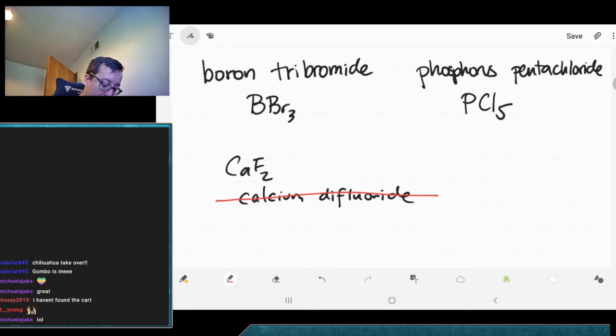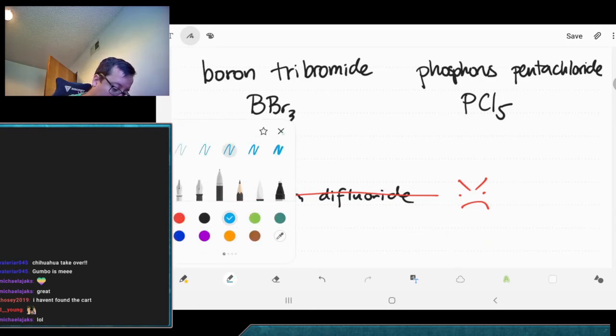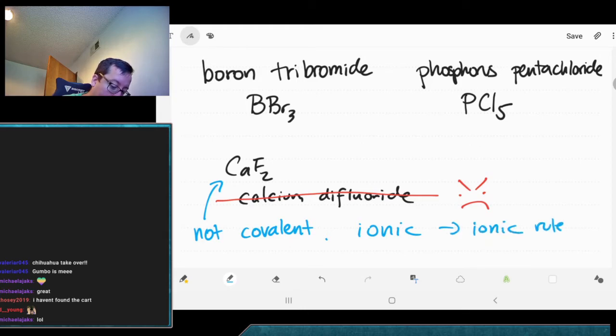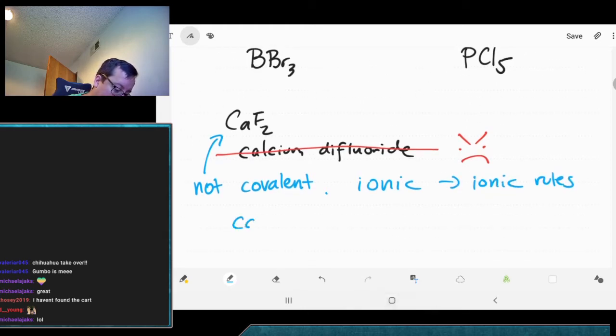I did the angry buzzer sound because it's not a covalent compound. This is an ionic compound. It's an ionic compound, so we need ionic rules. Ionic rules tell us this is calcium fluoride.